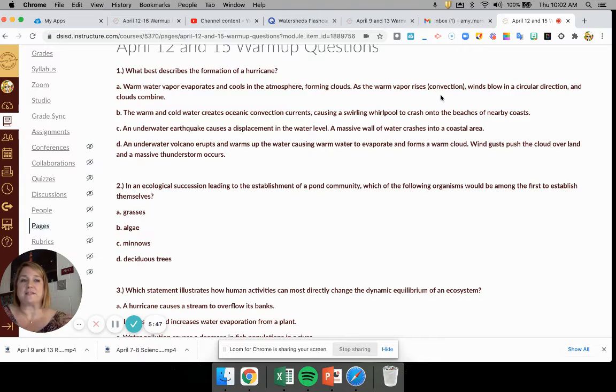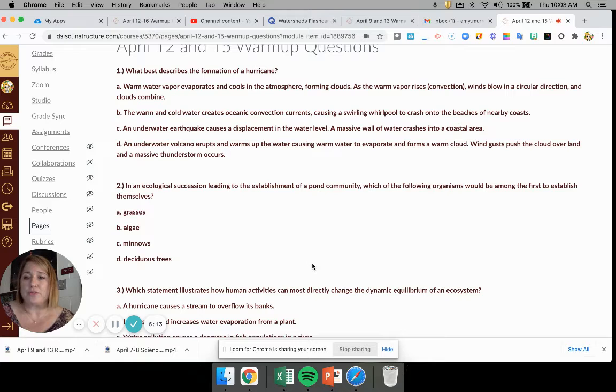So the wind begins to blow in a circular direction, and the clouds combine, force pulls them together, and more vapor makes it into the clouds, and so the storm forms and becomes more and more active and bigger. So the answer to describing the formation of a hurricane, it's the one that has warm water.